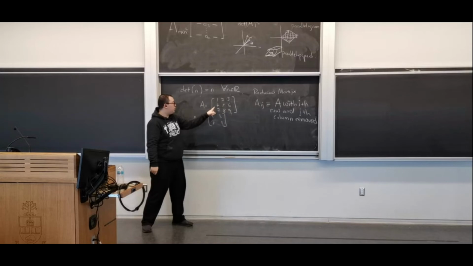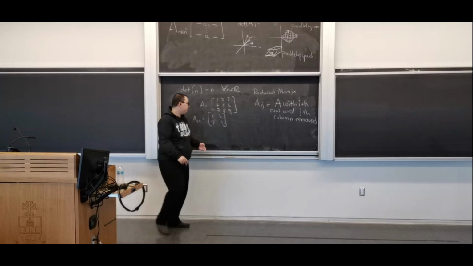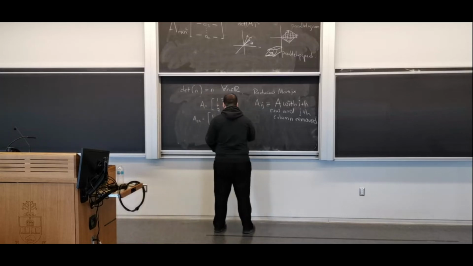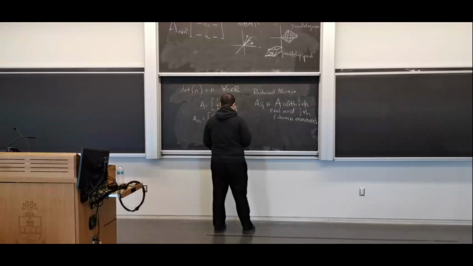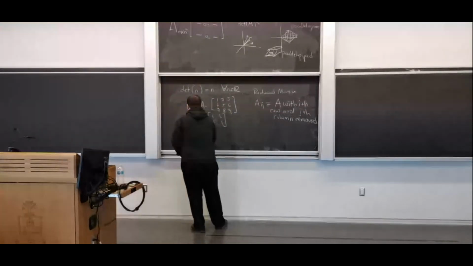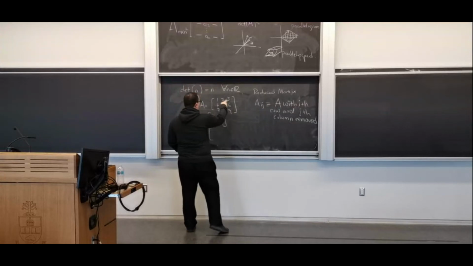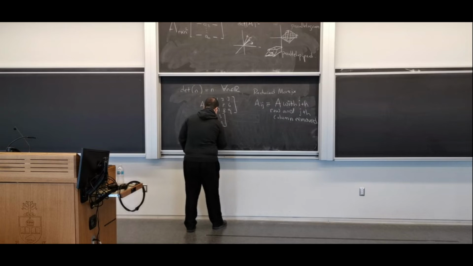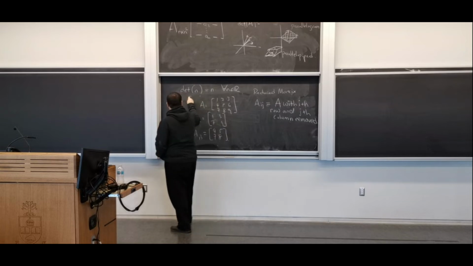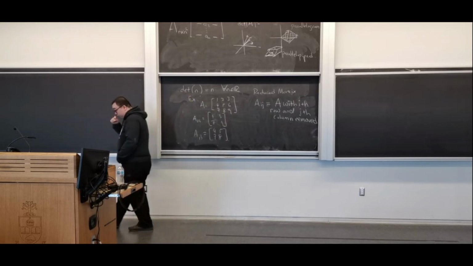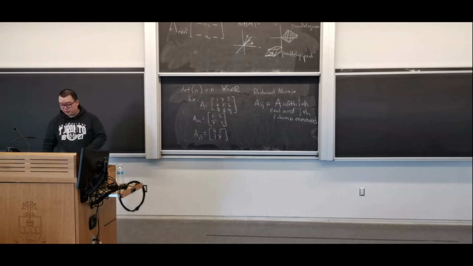I'm only left with these 4 numbers. And then A13 would equal, I remove the first row and the third column, so 4, 5, 7, 8. Right, so this is an example of what a reduced matrix is.